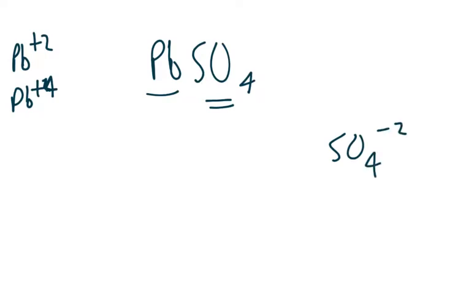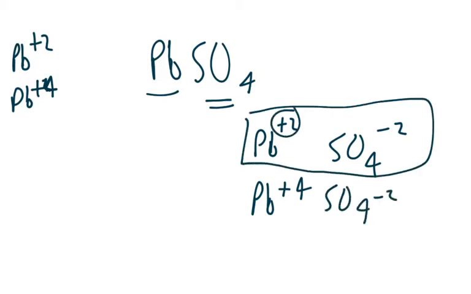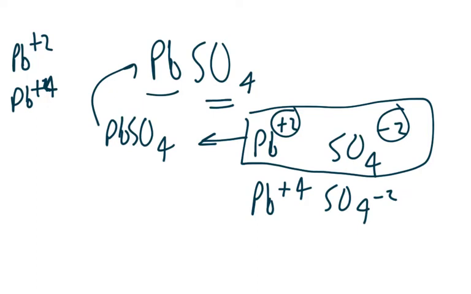Sulfate's always going to be -2. So here are your two choices. +2 or +4. When you crisscross these two, the 2's will cancel and you will get PbSO4, which is the one we have here. So the lead that we used to create that compound is the 2.